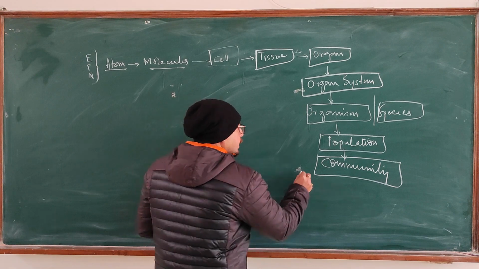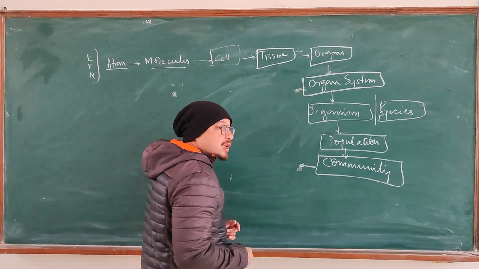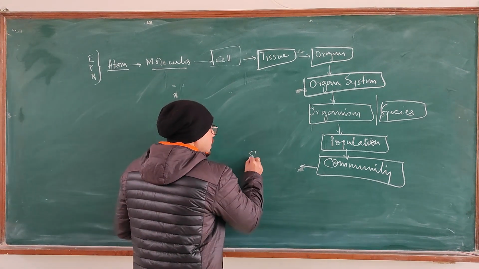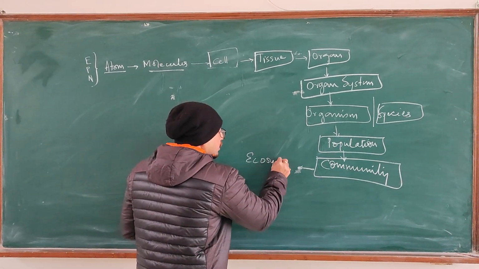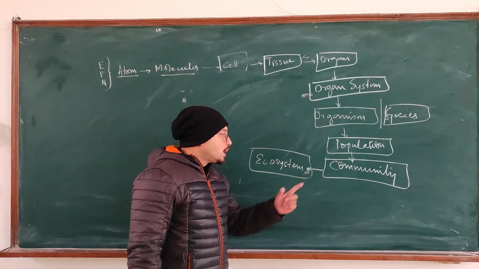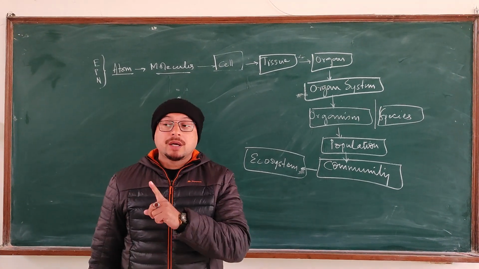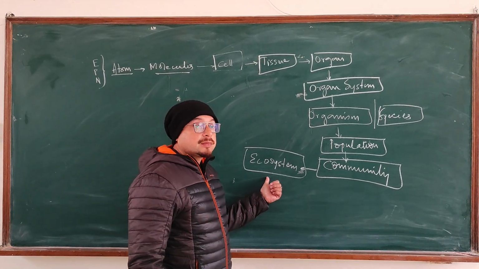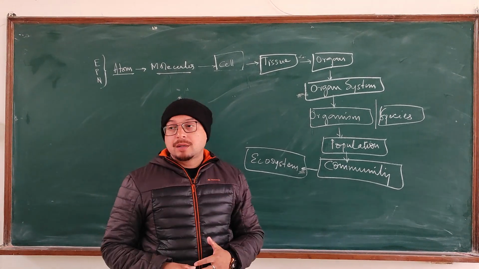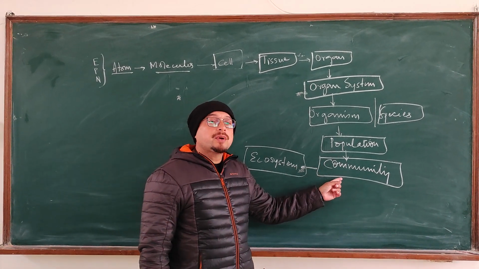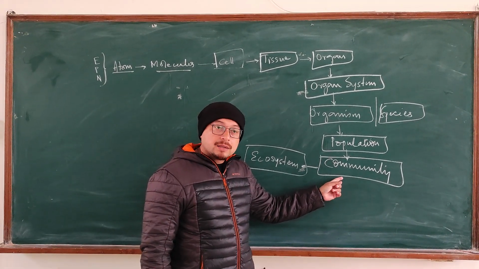Now, a group of different communities would constitute the ecosystem. Sorry, screen band. So, a group of communities forms the ecosystem, the basis of today's topic. So, an ecosystem is a collection of different communities, right?